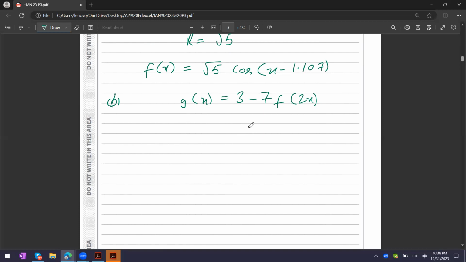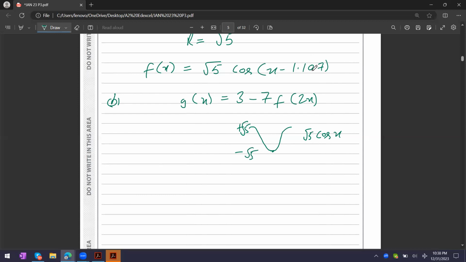We know that if it's just a simple cosine function, the maximum value is plus 1 and the minimum value is minus 1, right? But since it is root 5 cosine of x, the maximum value is plus root 5 and the minimum value is minus root 5.